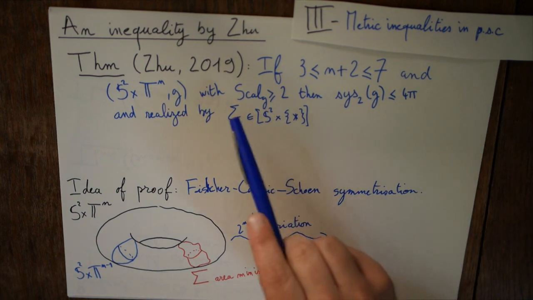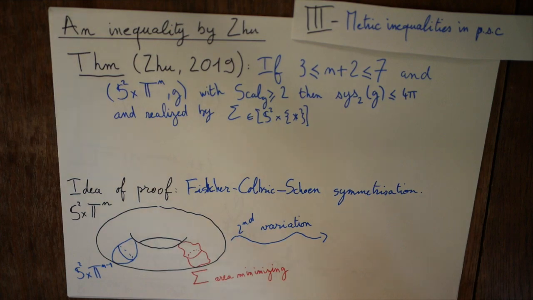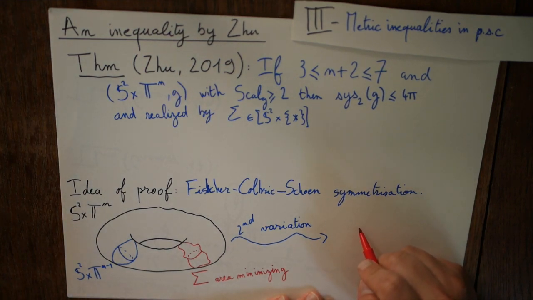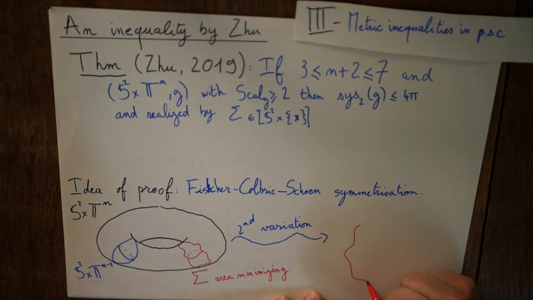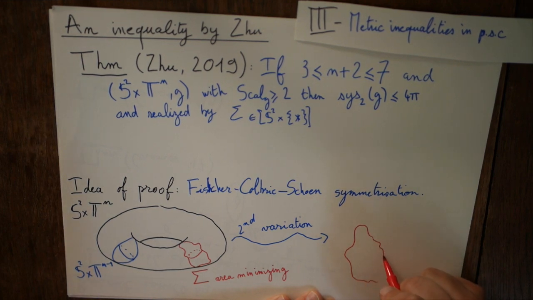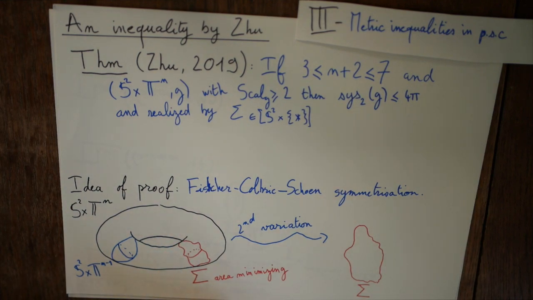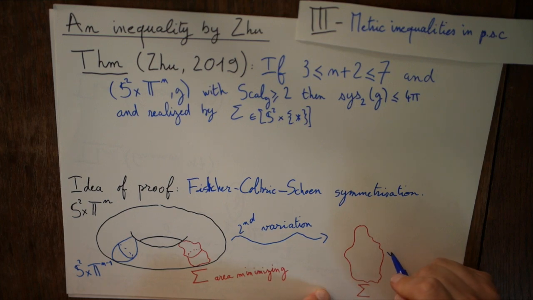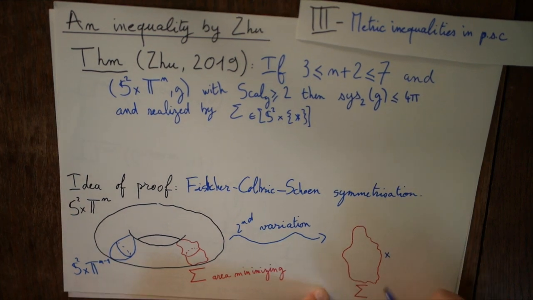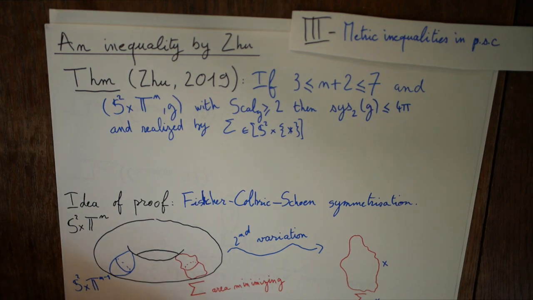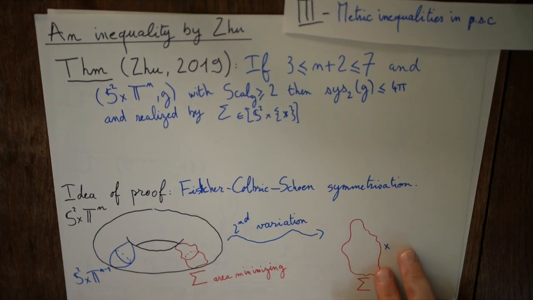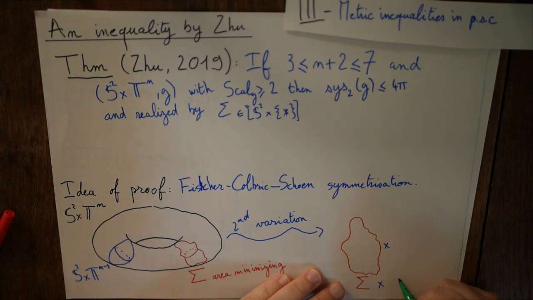And second, it doesn't even remember that the scalar curvature was greater than 2 to begin with. So instead, we will do something else. We will take sigma, with the induced metric from its embedding in S2 times Tn, and we will make a warped product with S1.